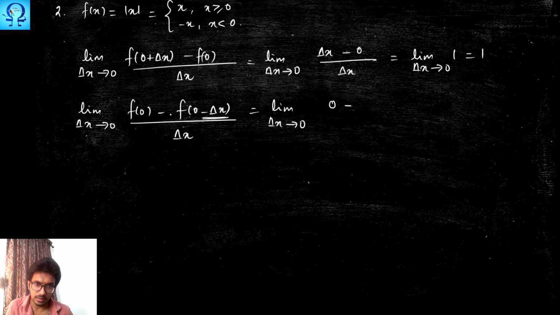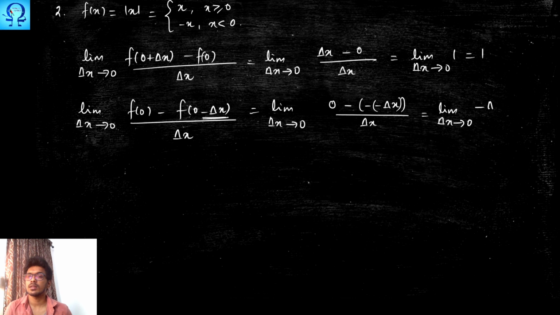Already we have minus here, and because of this we have minus of minus delta x upon delta x. This gives us limit delta x approaches 0 of minus delta x upon delta x, which happens to be minus 1. And when you take this limit also, you are going to get minus 1.